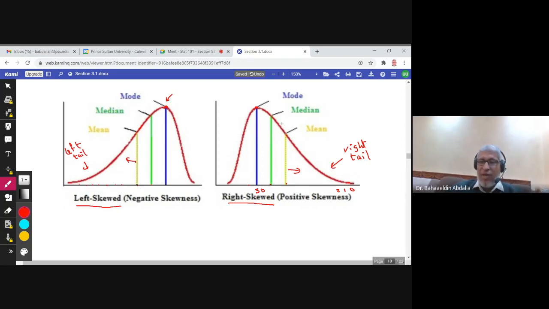So 50% of the data are to the right of the median, and 50% of the data are to the left of the median. So the median is always the center value in the middle, 50% to the right and 50% to the left of the median. So this is how to differentiate between the position of the mean and the median if you have left skewed or right skewed data.